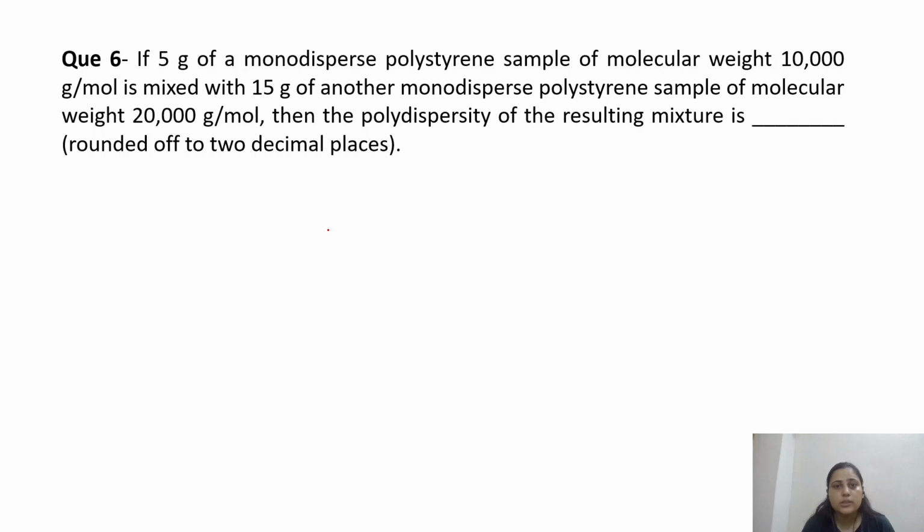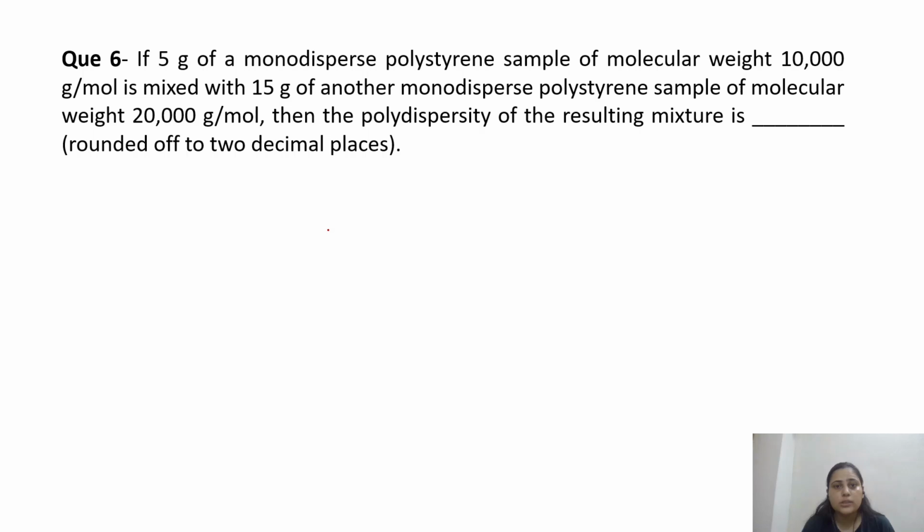So we need to calculate the weight average molecular weight and number average molecular weight in order to know the PDI. For calculating these, we need moles of A and moles of B. The moles of A equals the grams of the sample divided by the molecular weight, 10,000.